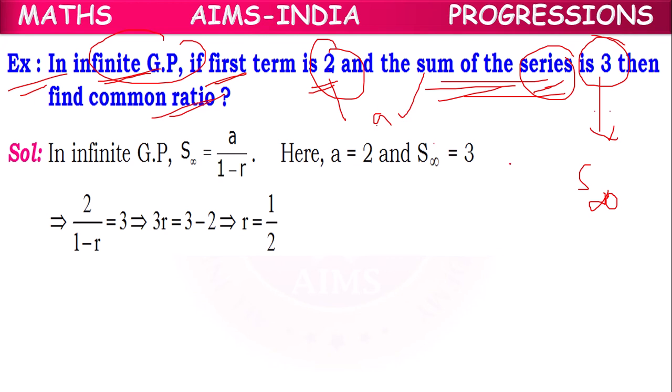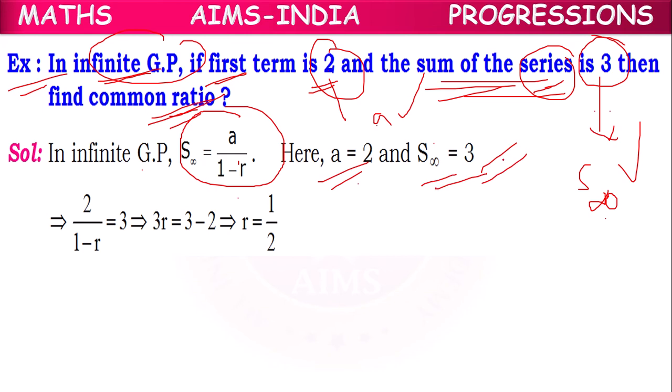We have to find the r value. We know that S infinity equals a by 1 minus r, where a equals 2 and S infinity equals 3. Let's substitute here: 2 by 1 minus r, which we don't know, equals 3.